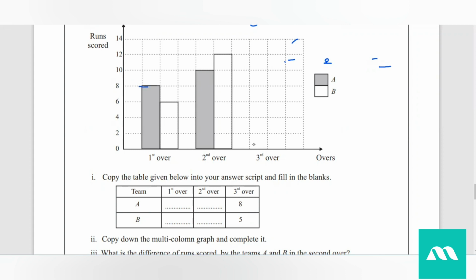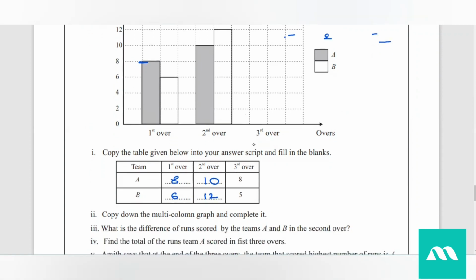It is 8. In the second over it's 10. For group B, in the first over 6 marks. In the second over it is 12 marks.